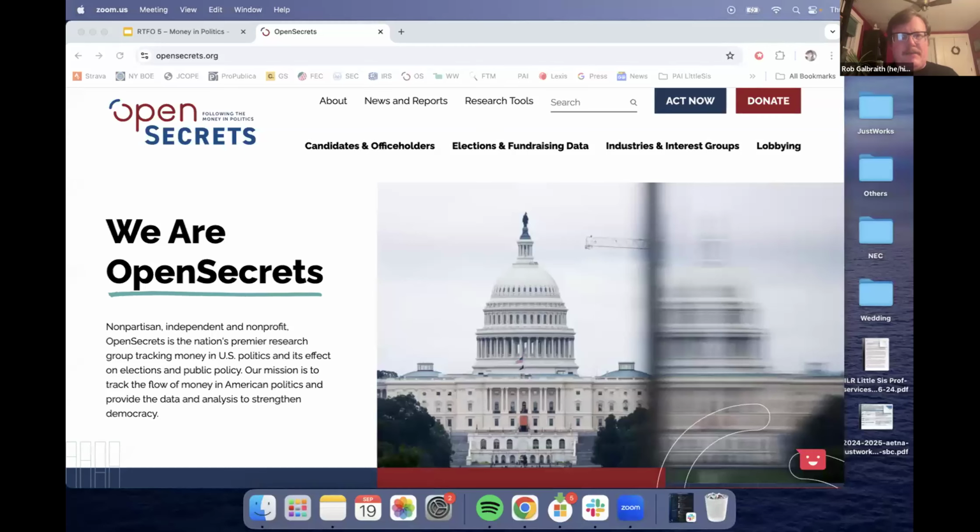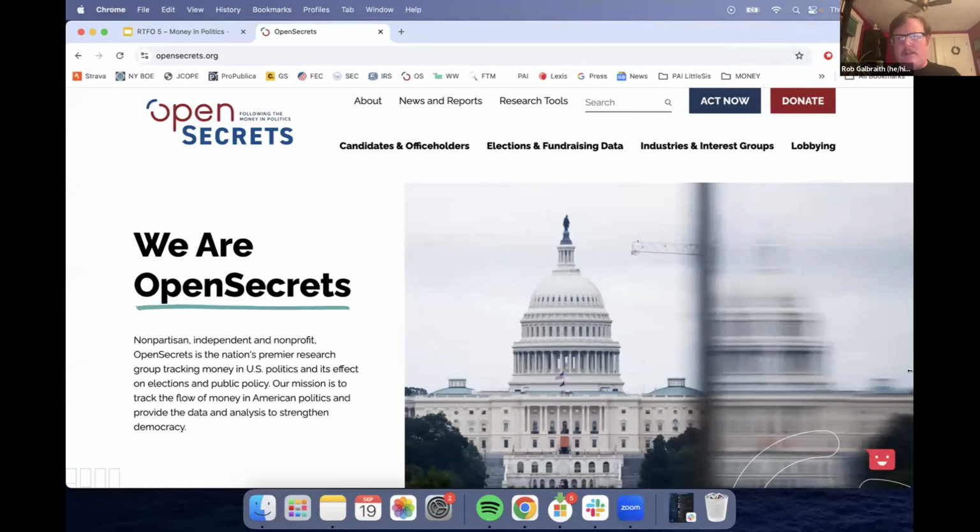Oh, the last thing I want to say before I hand it off is that this whole training is heavily focused on the federal database and federal elections. Open Secrets, which Jin is going to show, does have some local data, but basically the methods that I just laid out for using the Federal Election Commission primary source database are roughly going to be the same for your state database.